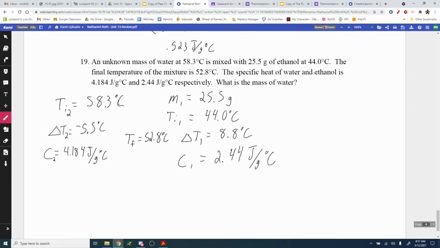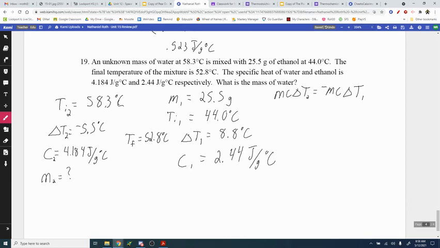Okay, so now we have to find the mass of water. Our equation is mc delta T equals negative mc delta T. Okay, so we are looking for, sorry, I should do this. This is 2, this is 1. So we are looking for the mass of water. So mass 2 equals question mark.